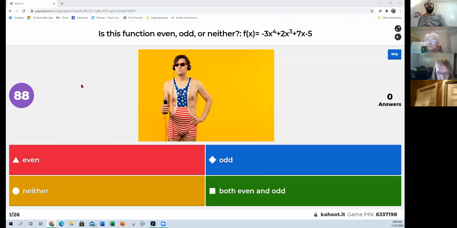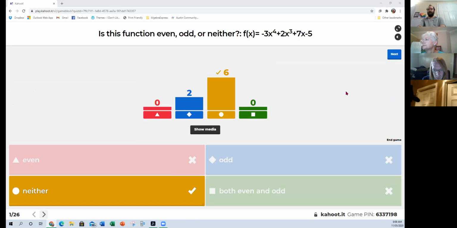Even, odd, or neither. Okay, so if you look at this, it is neither because we're looking at exponents.